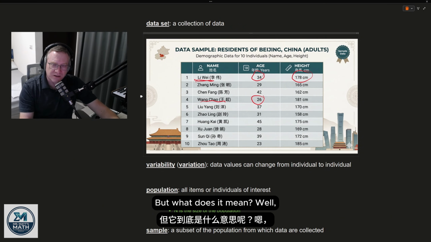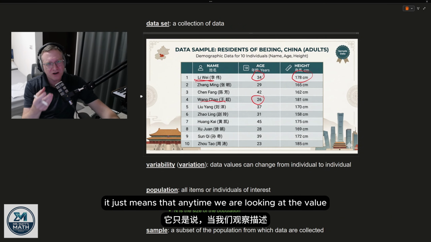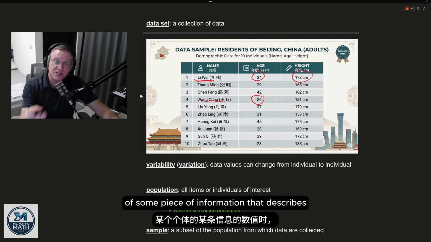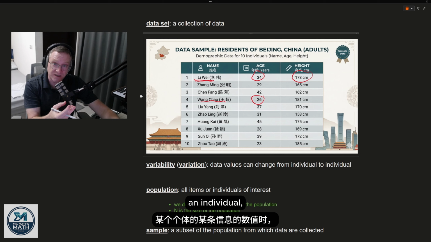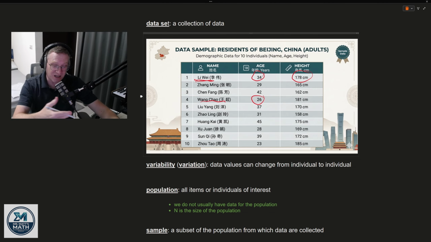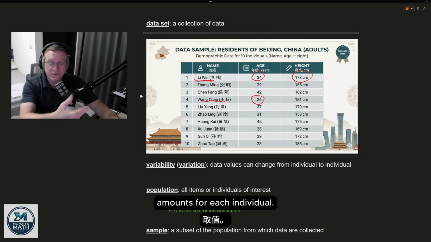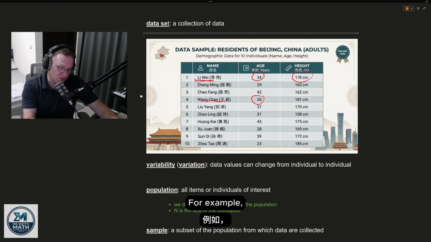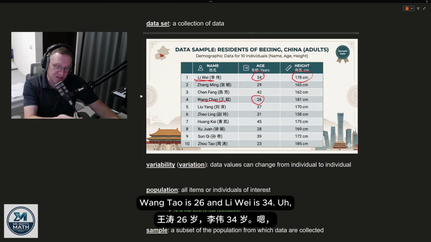But what does it mean? Well, it just means that anytime we are looking at the value of some piece of information that describes an individual, then that value can take on different amounts for each individual. For example, Wang Cao is 26 and Li Wei is 34.